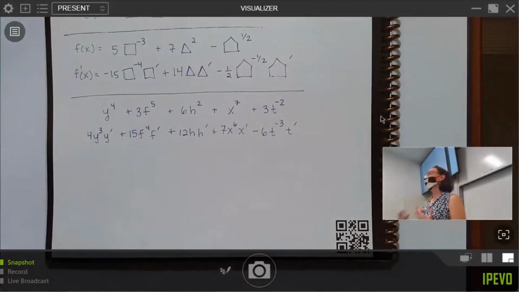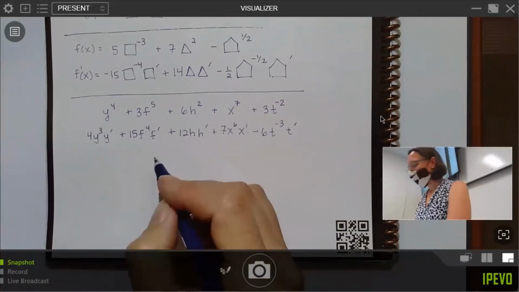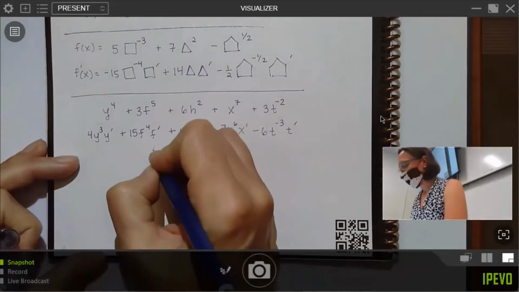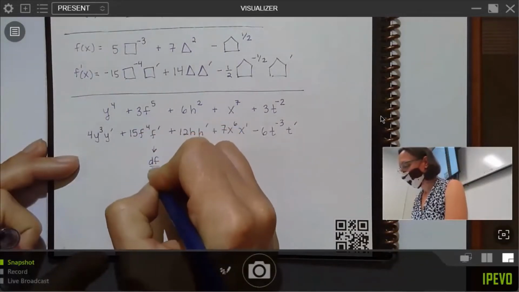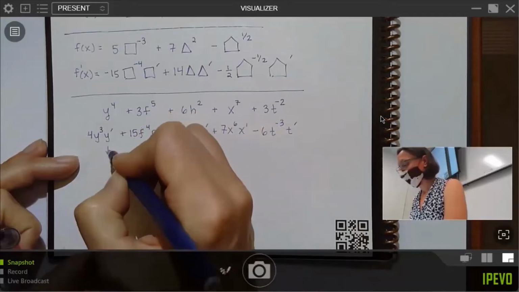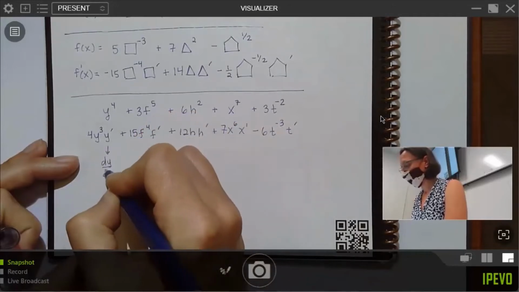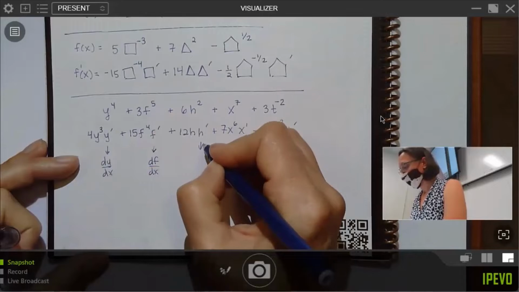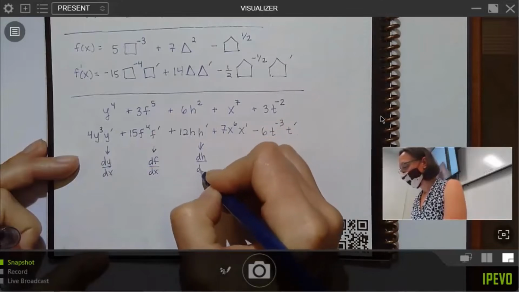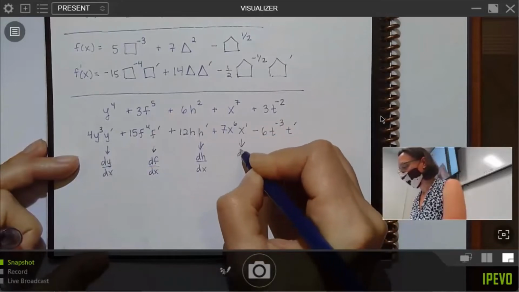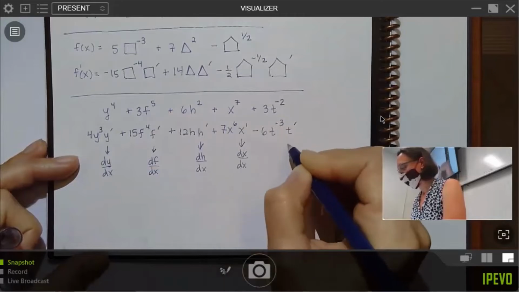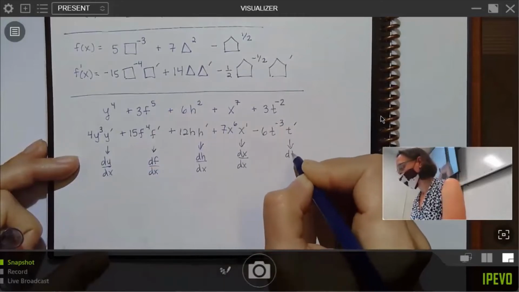Now I've got to add on one little notation thing here. Sometimes when we write f prime, another way we can write that is df dx, and y prime would be dy dx. So h prime would be dh dx, x prime would be dx dx, and t prime would be dt dx.